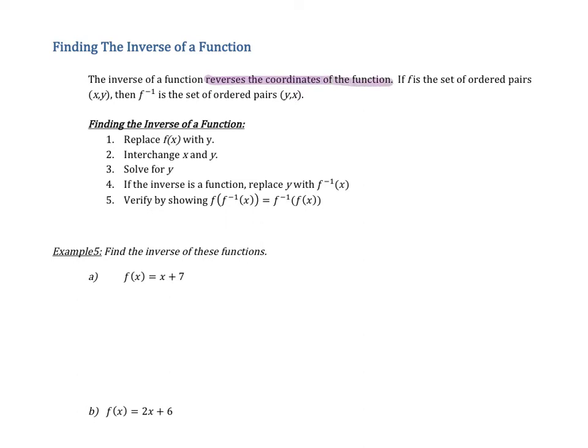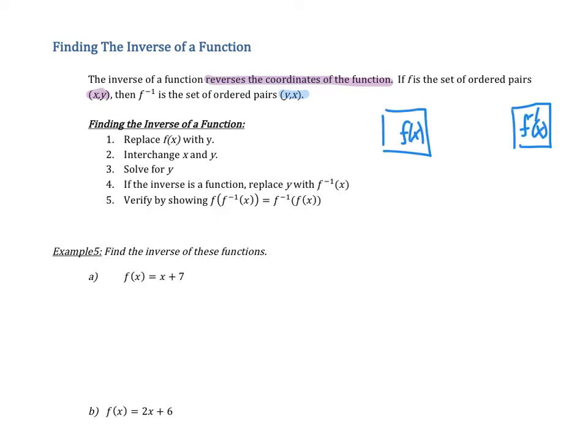If we have a set of ordered pairs, x, y, then f inverse, or the inverse function here, is going to reverse those and spit out y comma x. They flip it around. They make the input the output. So x goes in, y comes out. Then the inverse takes y in and spits x out. That's kind of the idea.